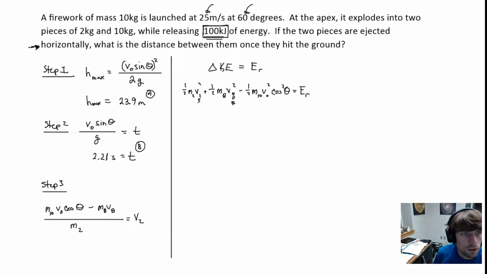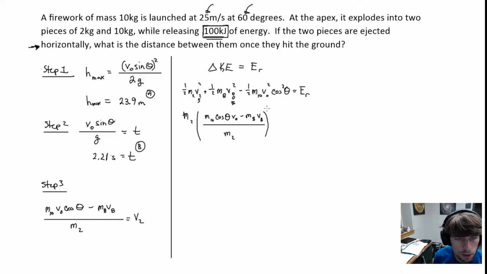Okay. I've avoided it long enough. Now let's go. So I multiply everything out by 2. So I get M2 times the quantity m10 cosine of theta times v naught, excuse me, I dropped that, minus m8 v8 over m2.